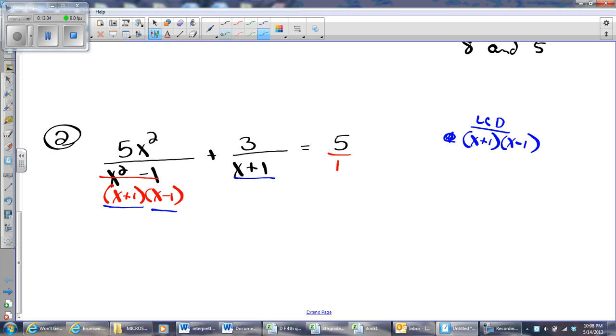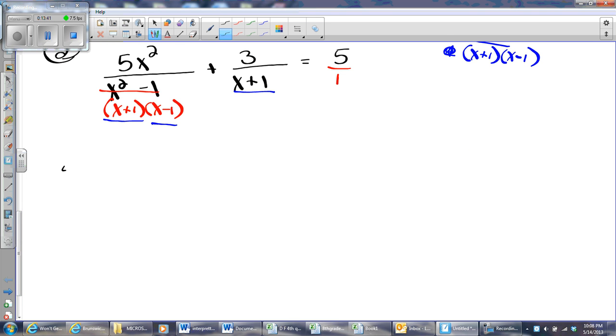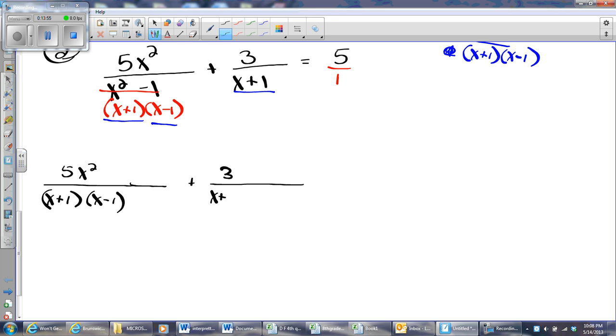Now remember I said to spread your work out, so I'm going to do that. I'm going to rewrite my equation. I'm going to write 5x squared over the factored form, x plus 1 times x minus 1, plus 3 over x plus 1, and that's going to equal 5.